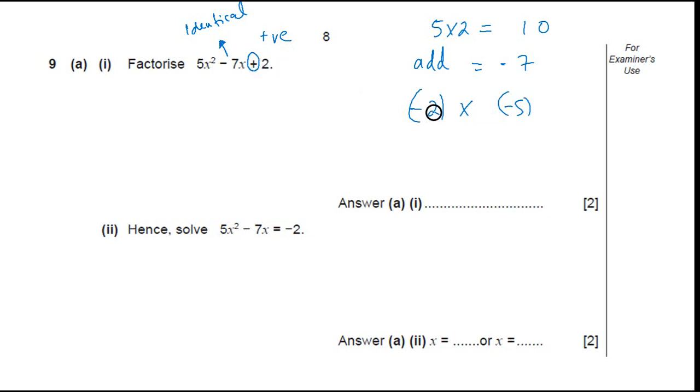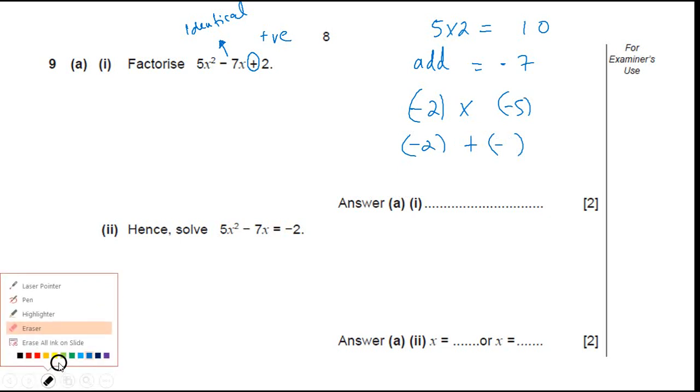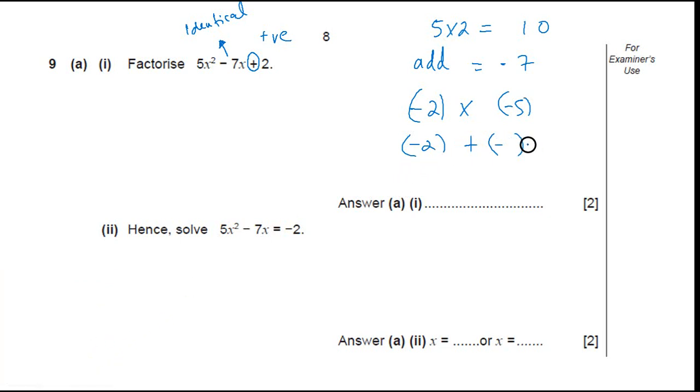Then one of the numbers must be a negative number and the other one should be a positive number. So it's two negative numbers. So negative 2 plus negative 5 gives you negative 7.